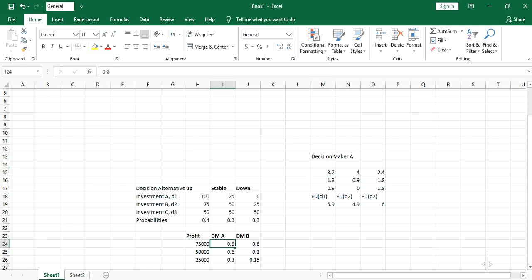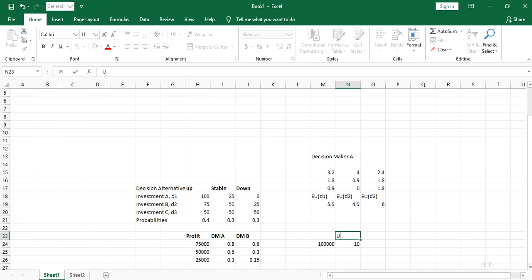Given 0.8 out of 100, or out of 10, so here it is assumed that $100,000 is equivalent to 10 utility.